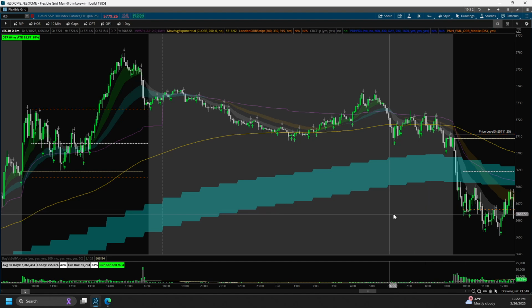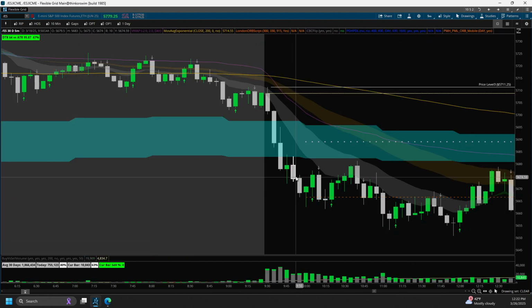Yep. So you see, from the bottom of that green candle just to the left there, that's like a 5 minute swing low. Sorry, yeah, the bottom of that green candle, the wick I guess. Okay, got it.